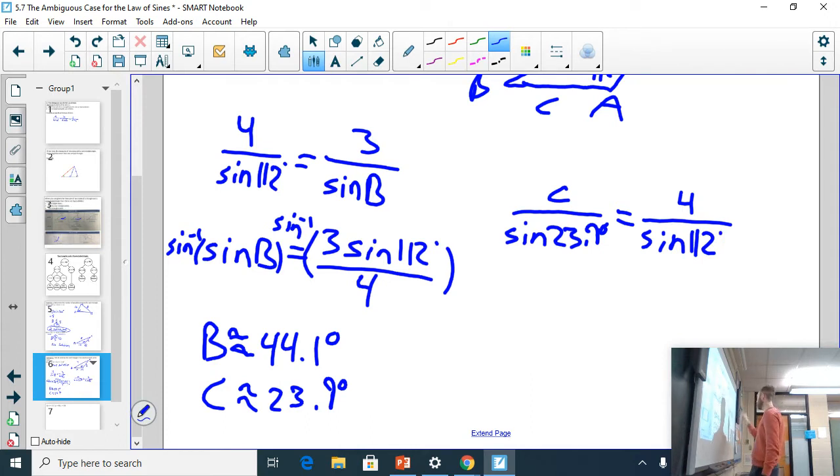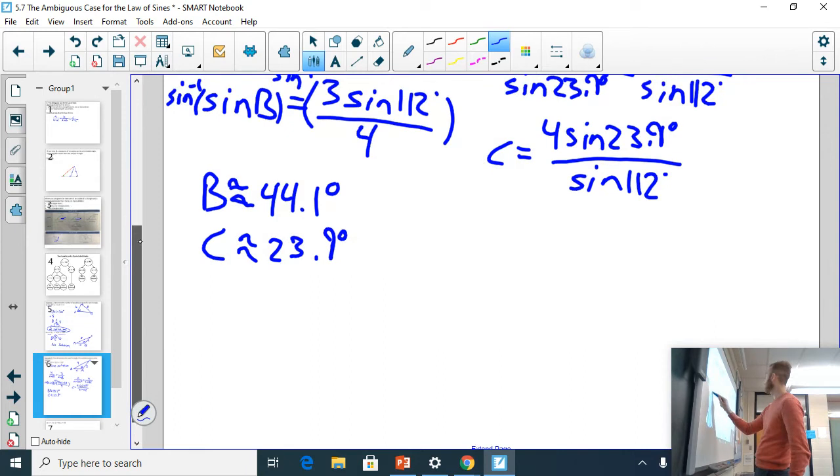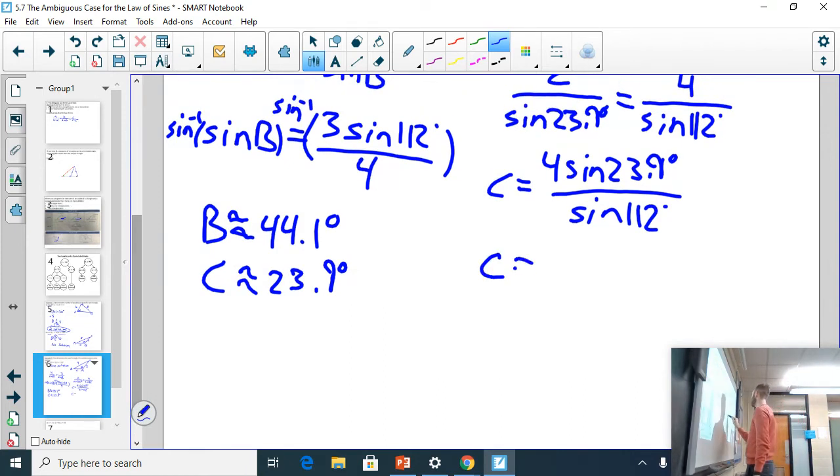And again, we're just going to multiply that sine of 23.9 over, and all over sine of 112 degrees. And that will get us C equals about 1.75. And now our triangle is completely solved for.